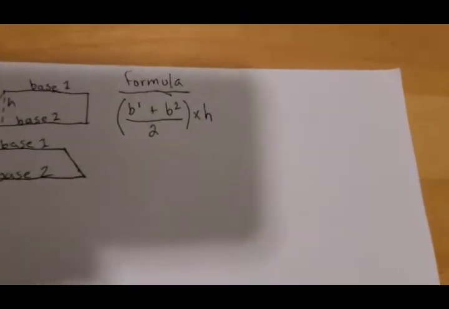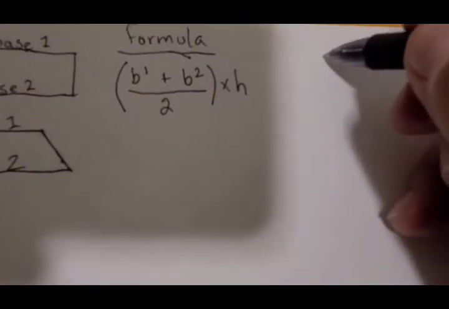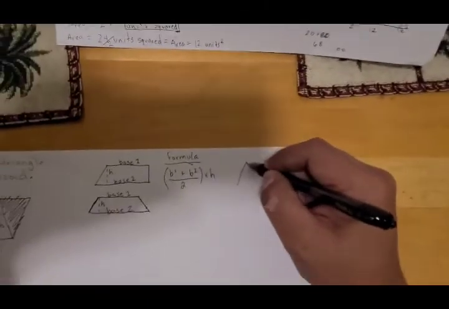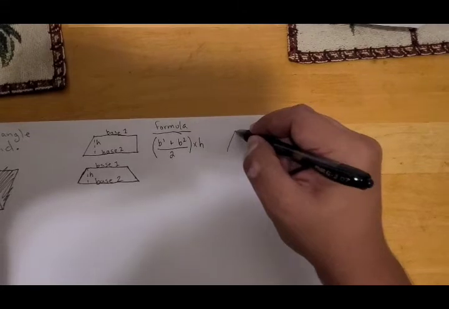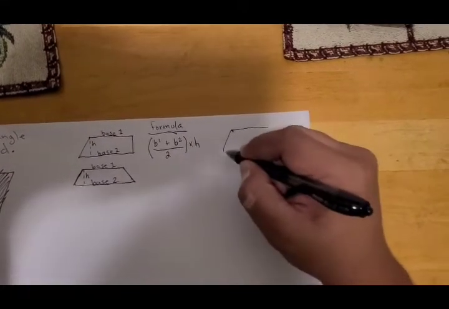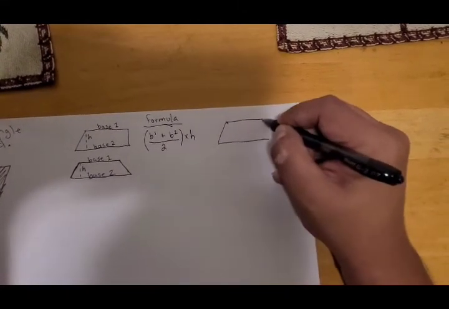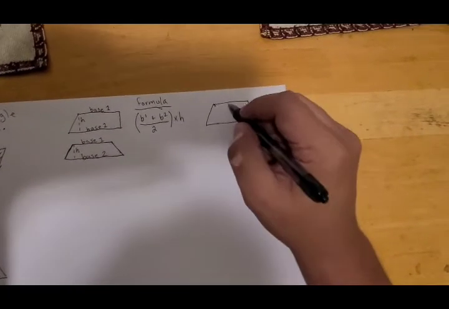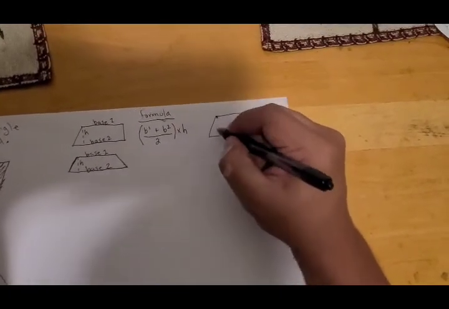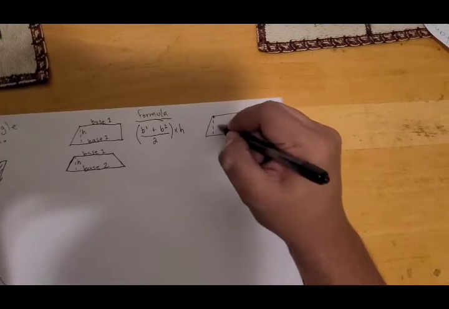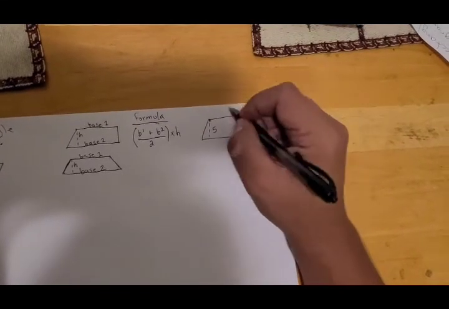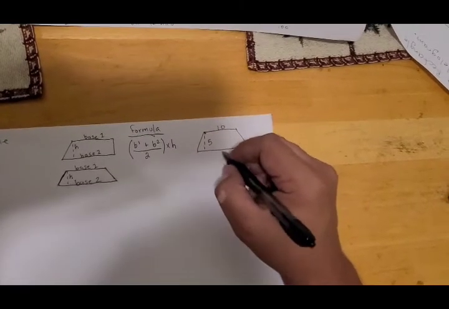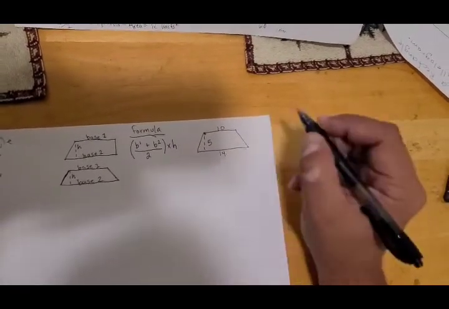Let's do an example with the formula. Trying to draw with one hand and record with another. Okay, let's make our height equal to 5, and our base 1 will be 10, and our bottom base will be 14.